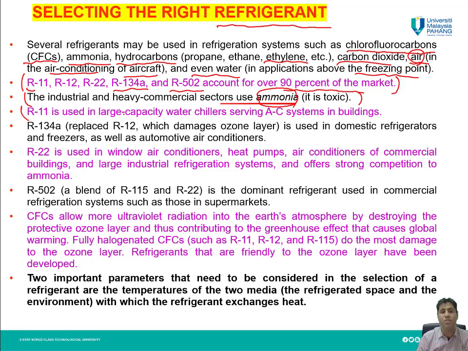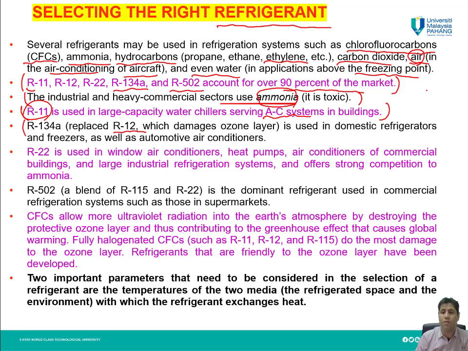R11 is used in large capacity water chillers, serving as AC systems in buildings. So R11 is used in building air conditioners. R134A, however, actually replaced R12, which damaged the ozone layer.